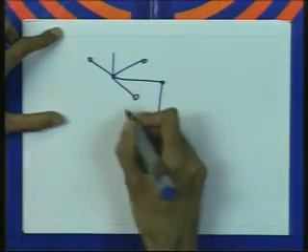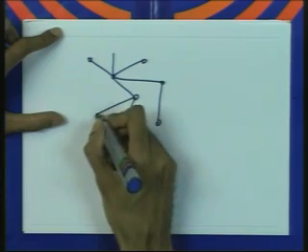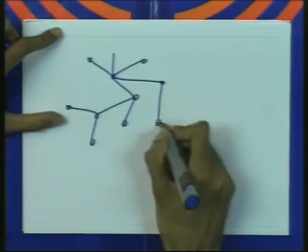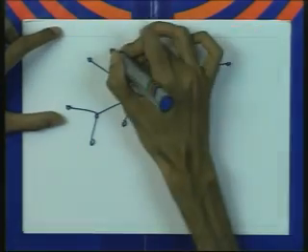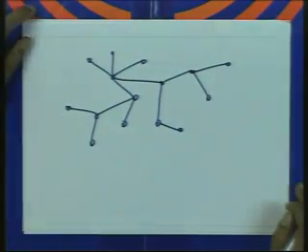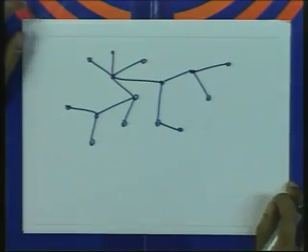So, another way to come up with the same algorithm. Let's take an example tree. Let's say this is the tree in question, and we would like to pick a maximum independent set in this tree.